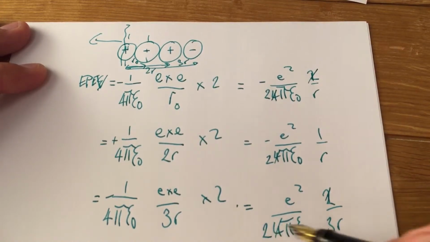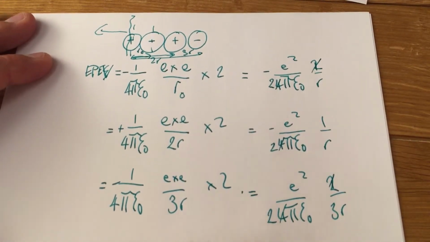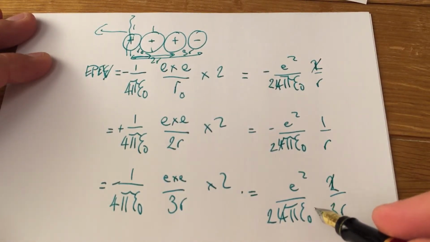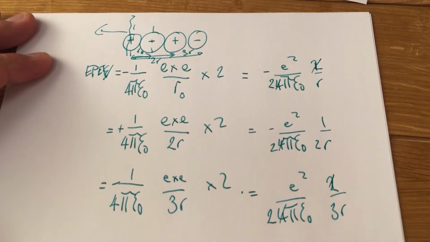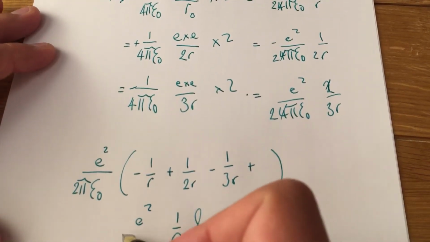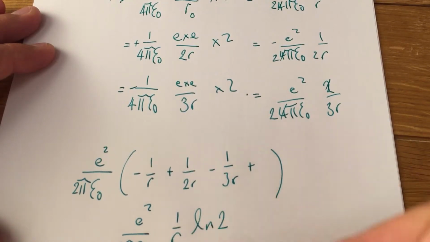And that will enable us to see that we actually have a sum of e squared over 2 pi e0, and then we have a minus 1 over r plus a 1 over 2r minus 1 over 3r plus, and so on. And you can see here this is the ln2 if I factorize out the r. Sorry, e squared over 2 pi e0.